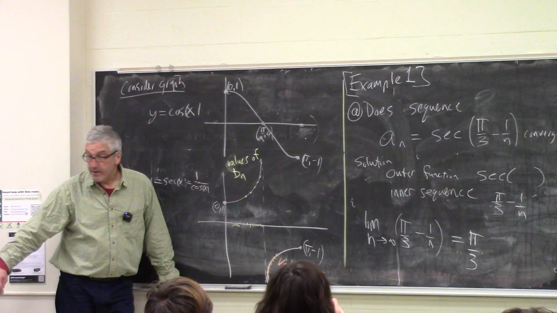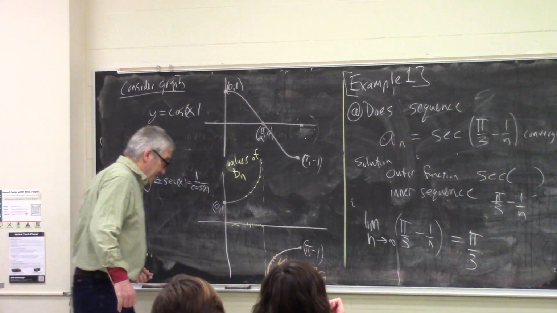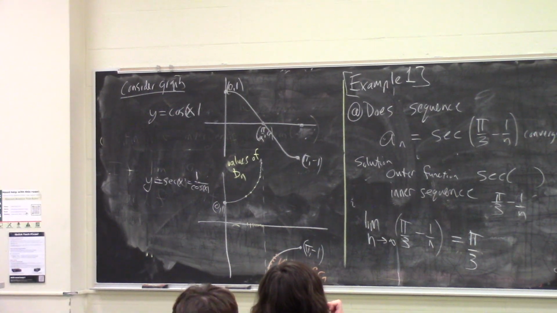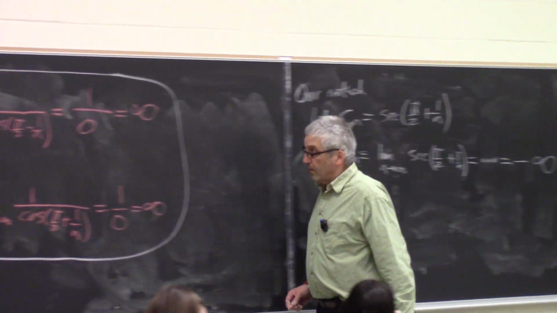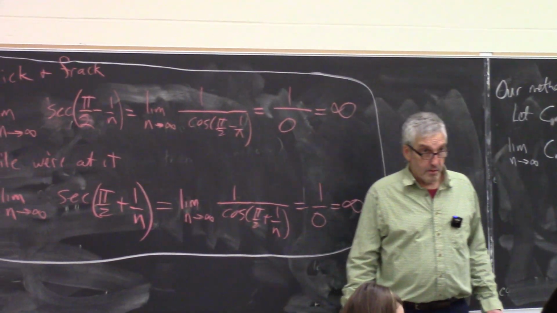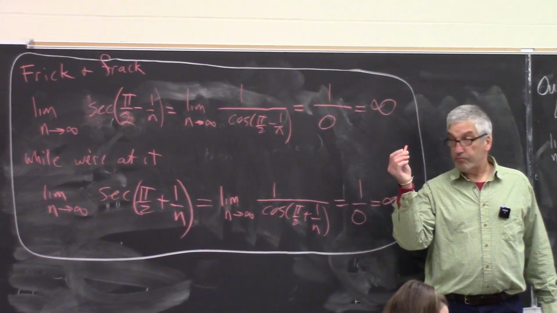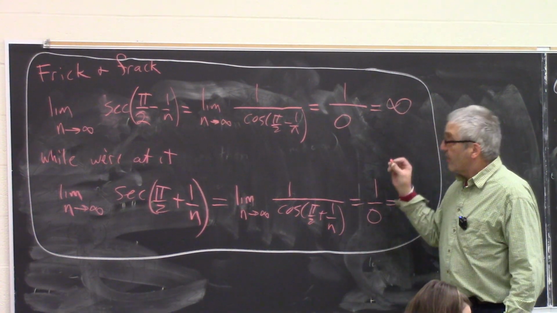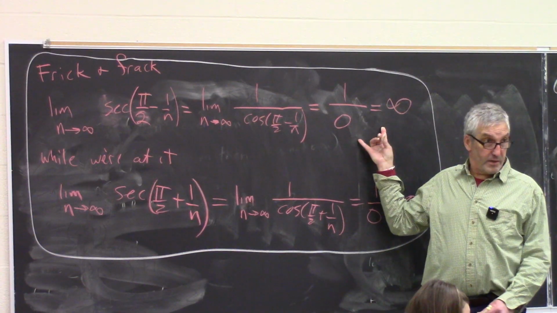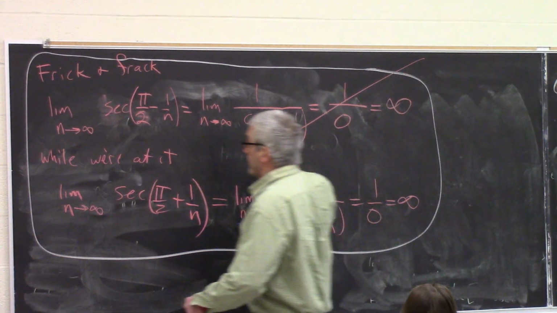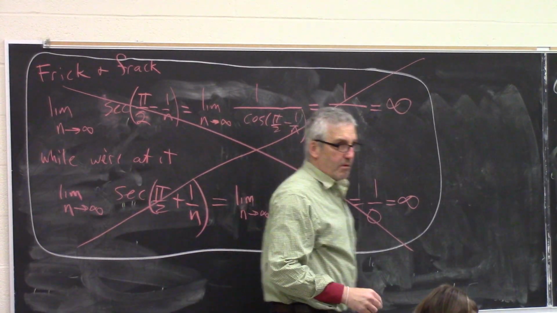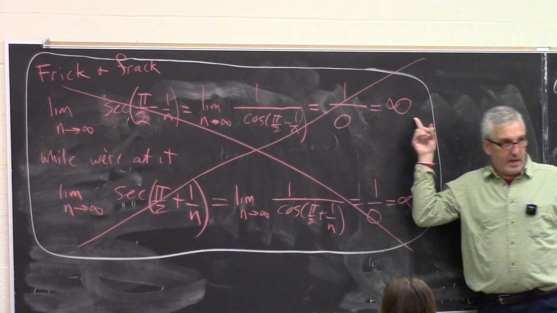So let's go back to frick and frack. Because this kind of casual use of arithmetic and infinity, I'm always ranting about. Remember, if you remember from Calc 1, this red chalk, it's red because this is my actual blood that I've dyed this chalk with. This is a bad solution. It's written in blood. This is no good. Now, what if you say, well, this one's okay because they got infinity.